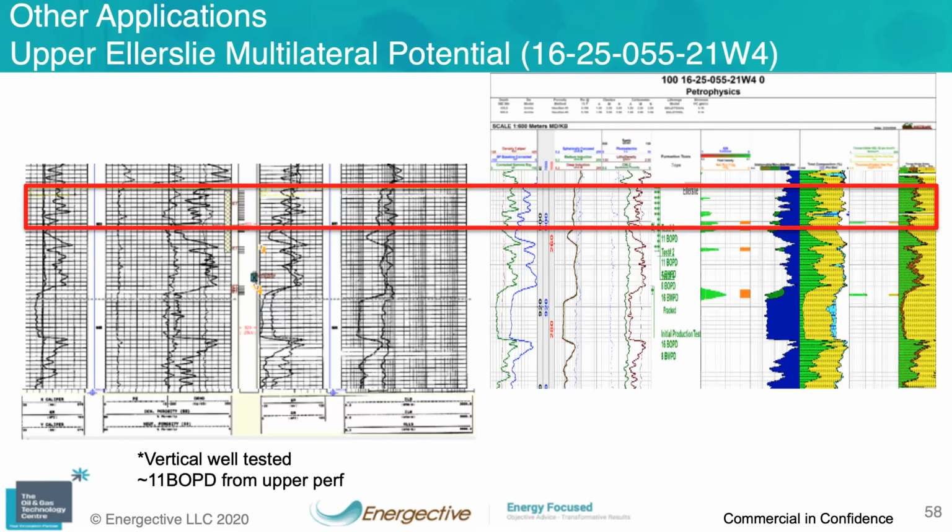This very first one was a vertical well that had been drilled in the 70s. So we went back in, tested the upper portion here that was identified with the Thomas Diver bypass pay. And it tested 11 BOEs per day in that upper perf.